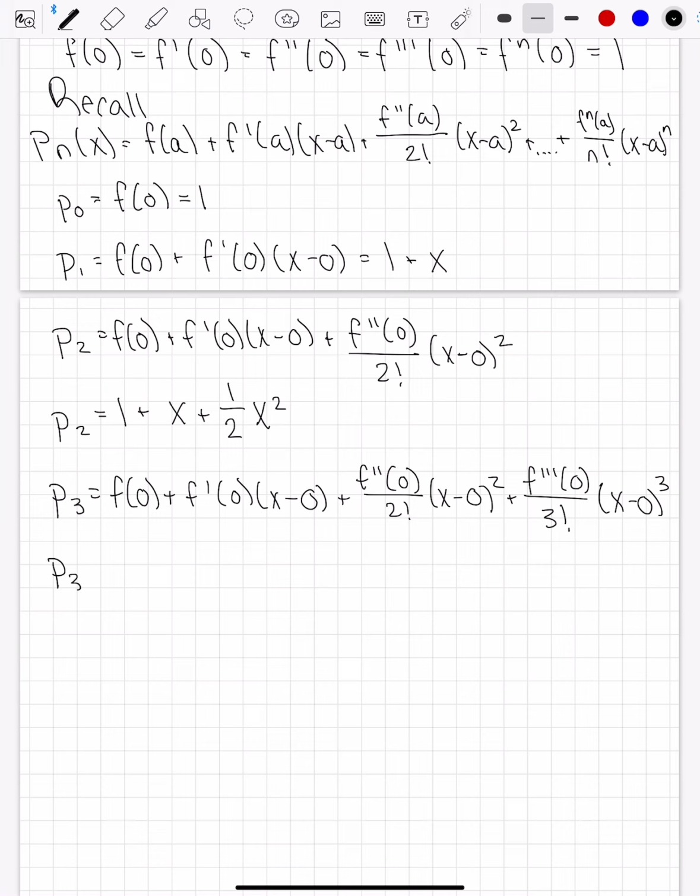So then P3 is all of those terms from P2, and then let's look at the last term, which f triple prime we know is 1, and then we know 3 factorial. I feel like I'm going to keep it like that and keep this as 2 factorial, because I'm thinking future oriented.